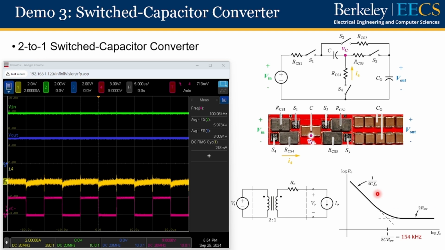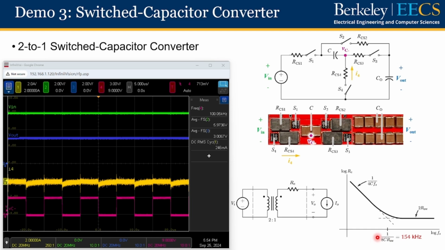When we operate at a relatively low switching frequency, we will be in the slow switching limit regime where the output resistance is high. And as we switch faster and faster, we will be entering the faster switching limit regime where the output resistance can be reduced.